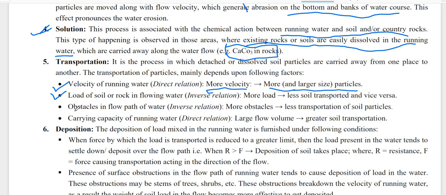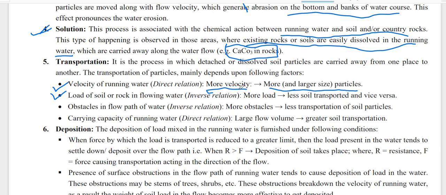Okay. Now the load means big-size clouds of soil or rock in the flowing water. If there is a big cloud, then there will be less transportation because deposition will be more here.